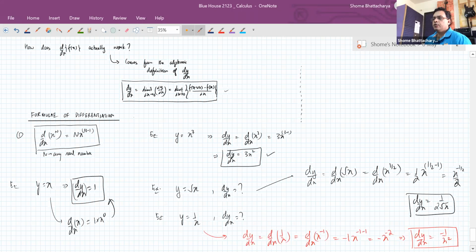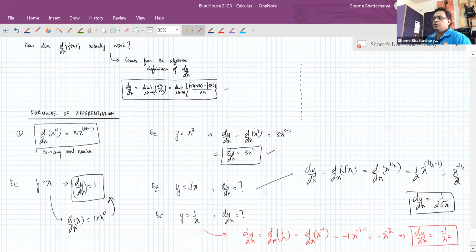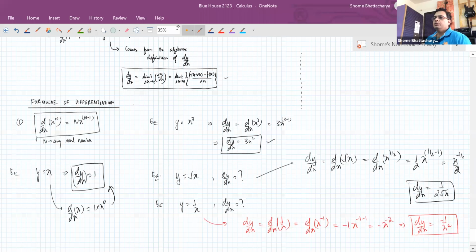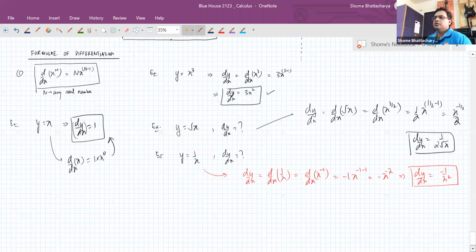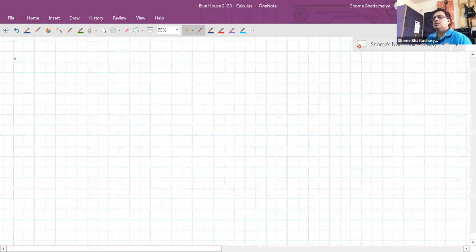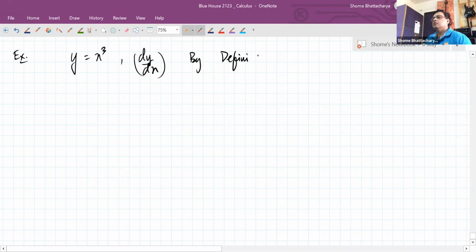Yes, sir. Okay. Now let's see how we can actually do it by the algebraic definition. So let's take one of these examples. Let's take the example of y is equal to x cube. Now we want to find out dy by dx, but by the definition, okay, the algebraic definition, not by the direct formula.